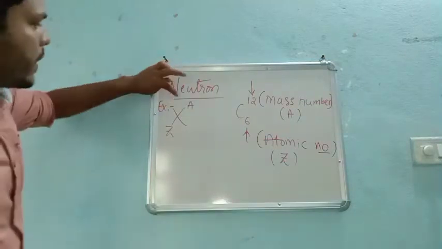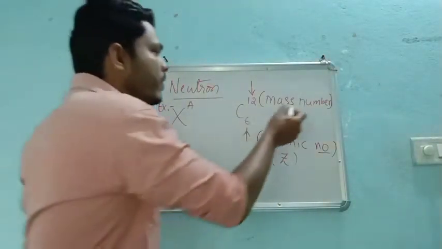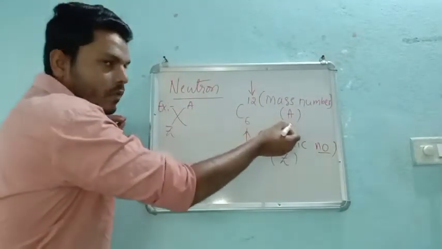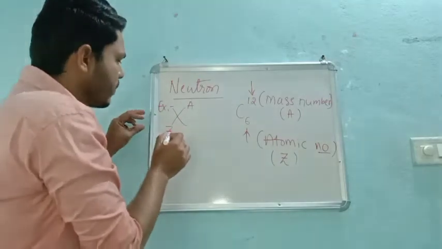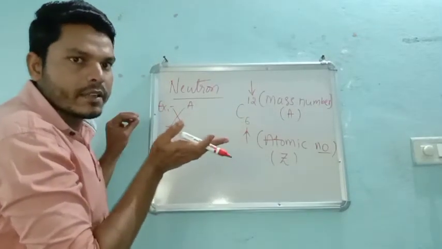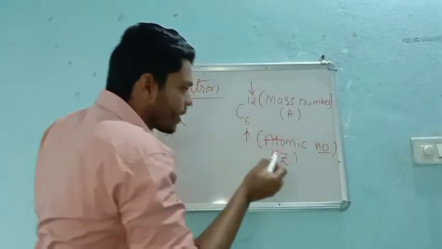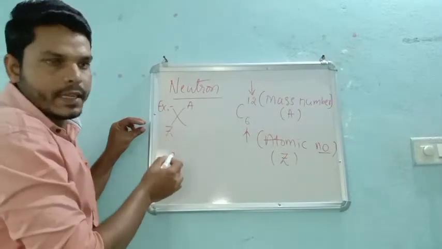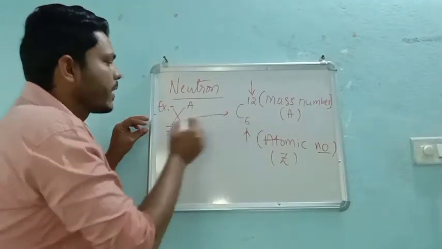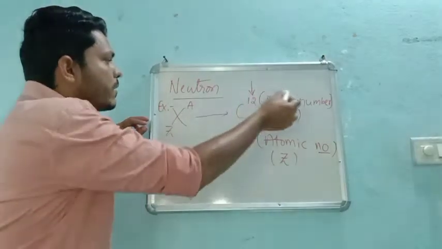The upper number is always called the mass number, and it is denoted by A. There is one more number present at the base of an element, which is the atomic number, denoted by Z. You can remember it like this: X is any element you can take, and A is the mass number.